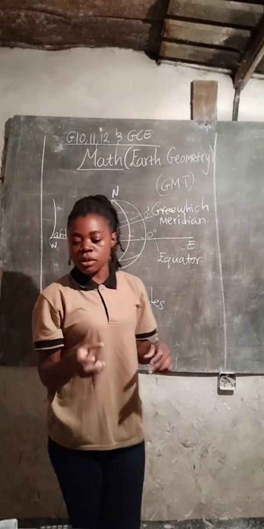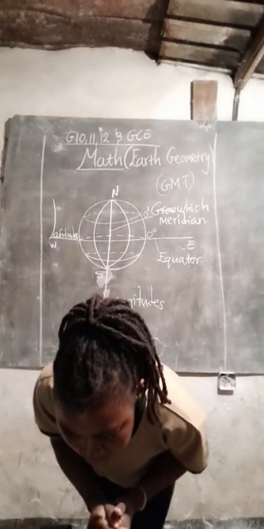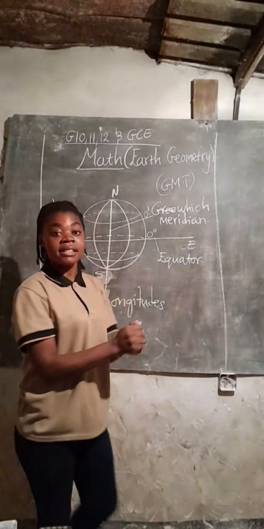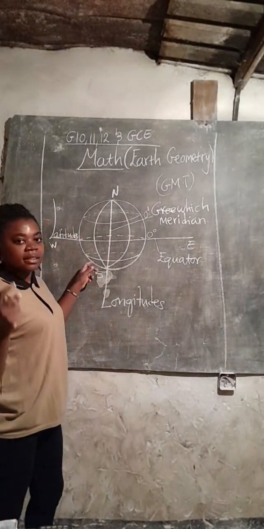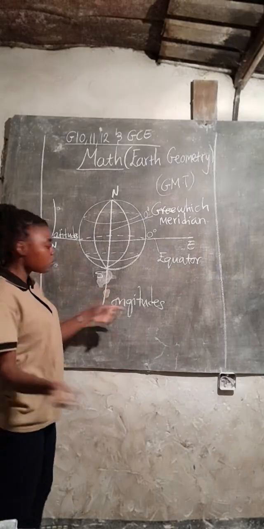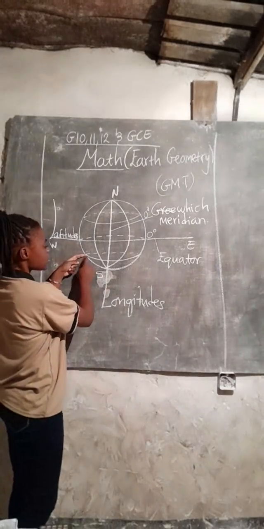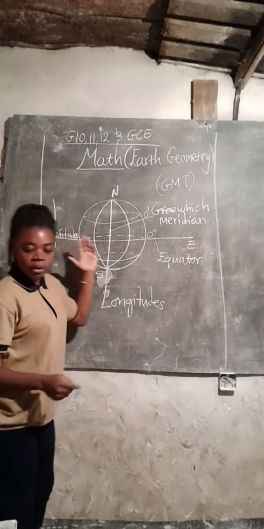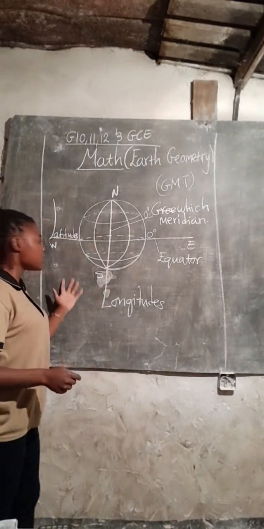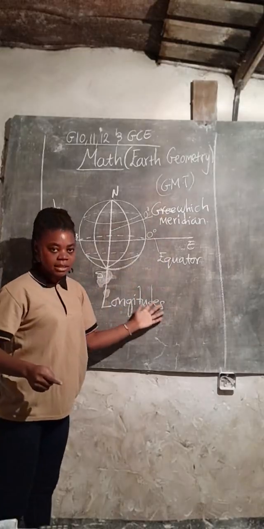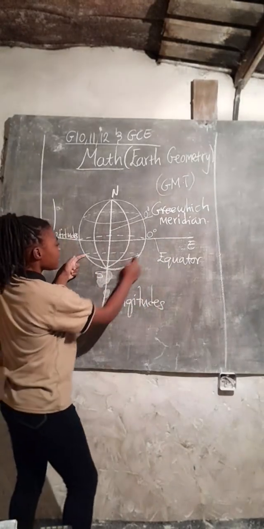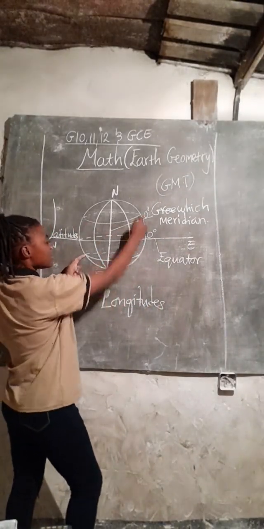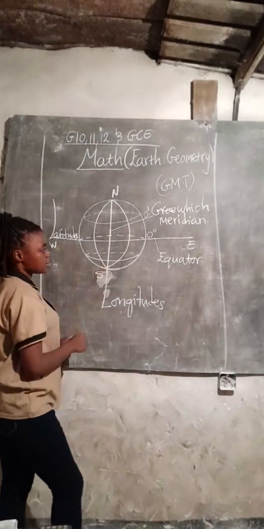When you look at the surface of the earth, this side is west, this side is east. So all the lines that are going like that are called the latitudes.